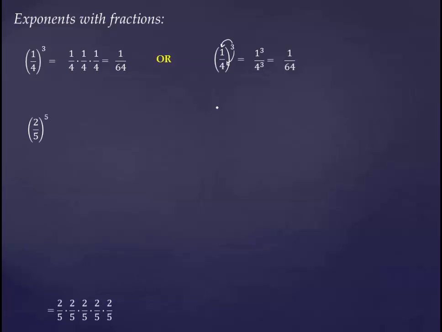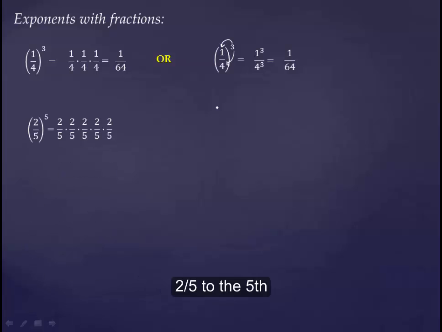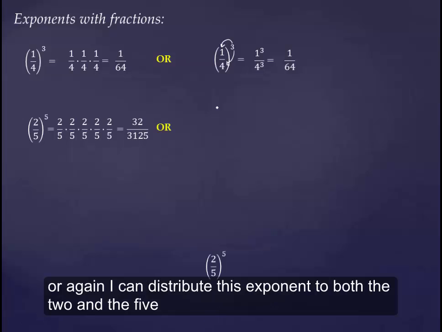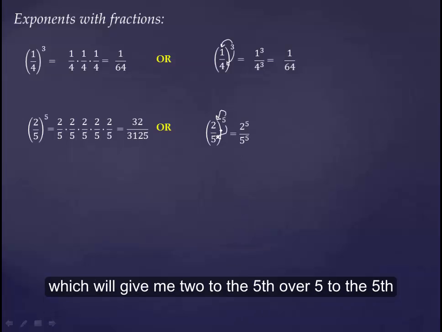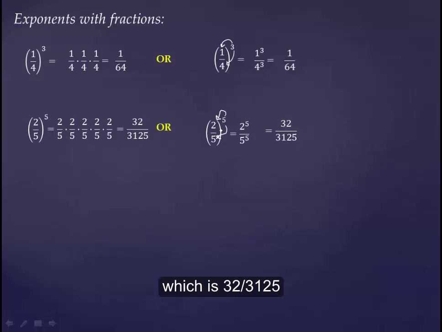2/5 to the 5th, that's 2/5 times itself 5 times, which would give me 32 over 3125. Or again, I can distribute this exponent to both the 2 and the 5, which will give me 2 to the 5th over 5 to the 5th, which is 32 over 3125.